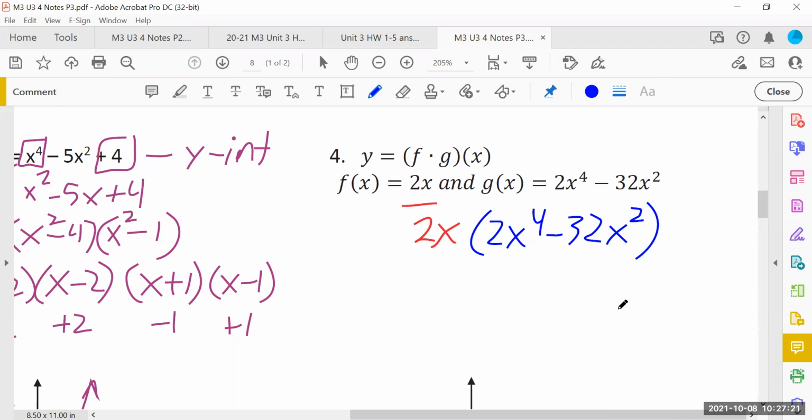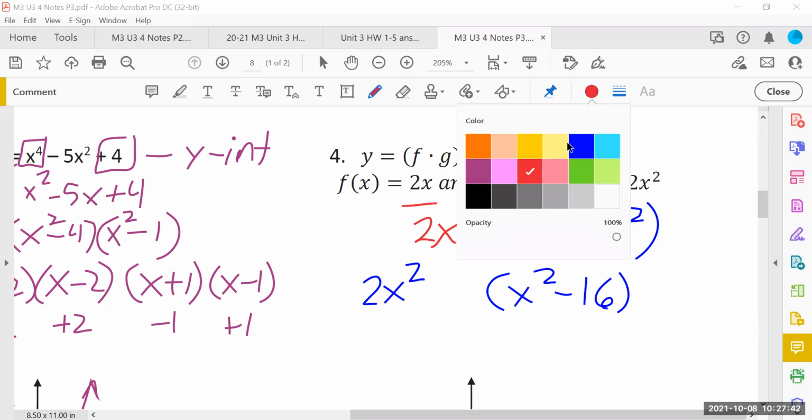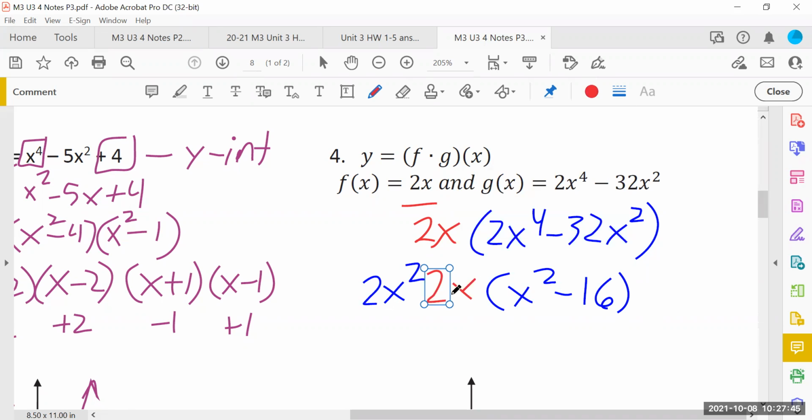Does this blue one factor? What can I take out of the whole thing? 2x squared. Does that make sense to everybody? So take that 2x squared out. Left inside, I'm going to have just an x squared minus 16. And then I still have this 2x out here.